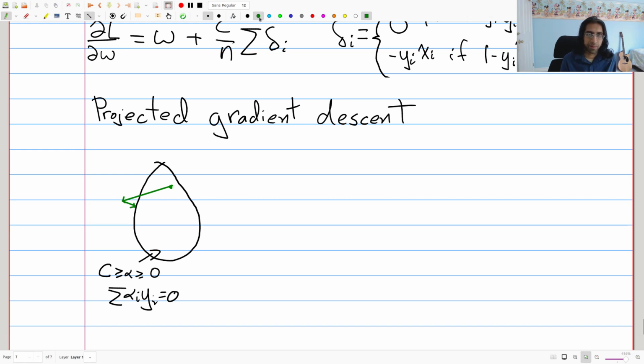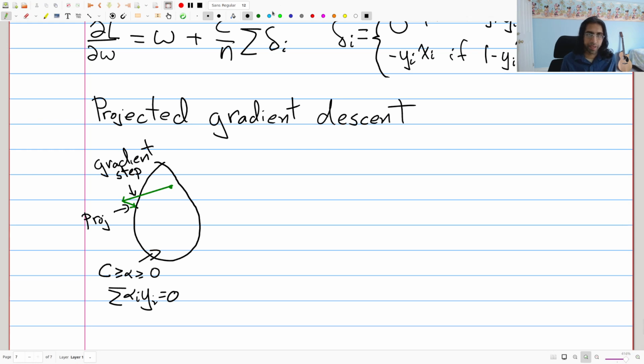Let me label these. This right here is the gradient step, and this right here is the projection. So one step of projected gradient descent would be a combination of these two things.